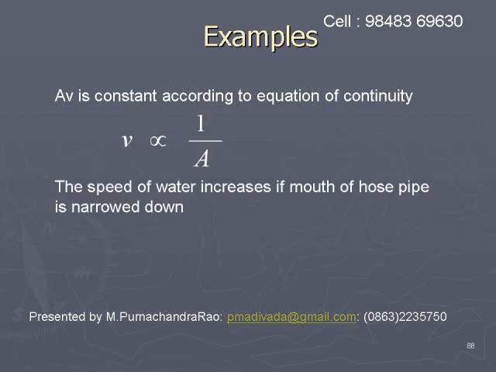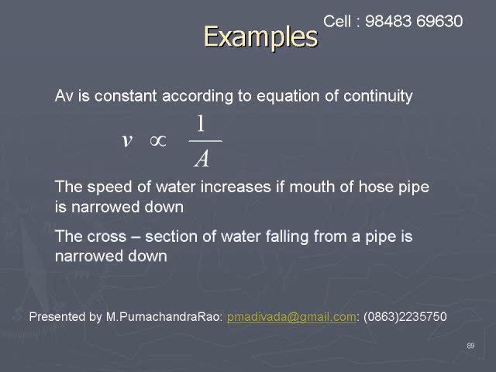While gardening, if you narrow down the mouth of the hose pipe, the speed of water increases. From the relation, as A decreases, v increases. When we narrow down the pipe, its area of cross section A decreases, hence the speed of water increases.